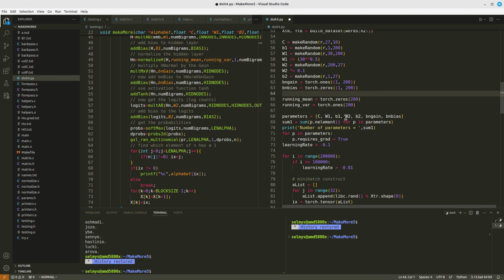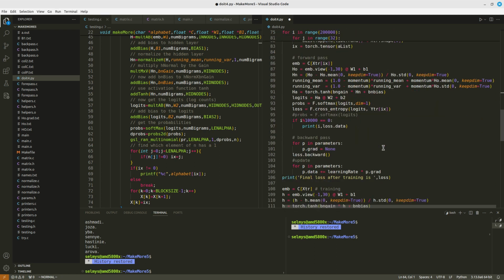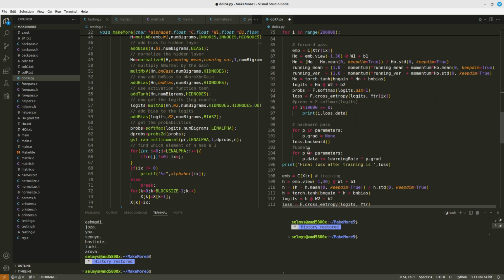We have 7 parameters. So for the update, we go through all 7 parameters, updating the parameters using their own gradients.